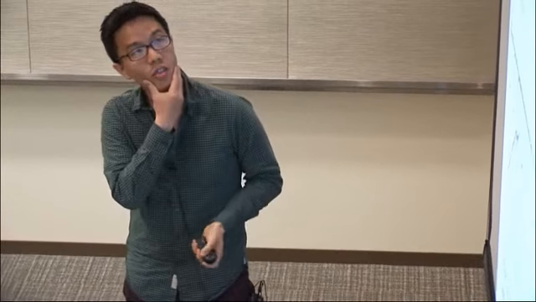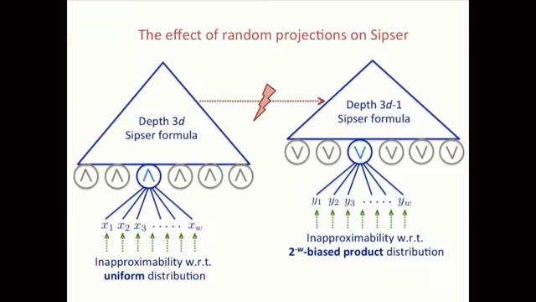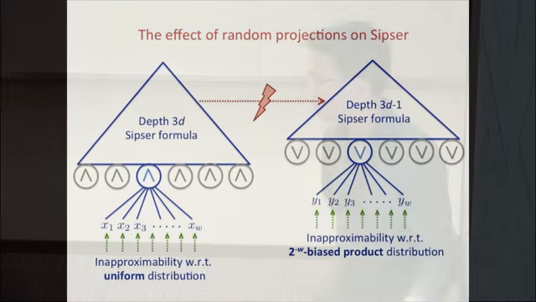Okay, so that's nice. So I'm still missing one part, but I've already hopefully given you quite a good picture of what happens to the Sipser formula. You have depth 3D Sipser, there's AND gates at the bottom, accessing x variables, and your goal is to prove hardness of approximation with respect to uniform. You hit it with a random restriction.